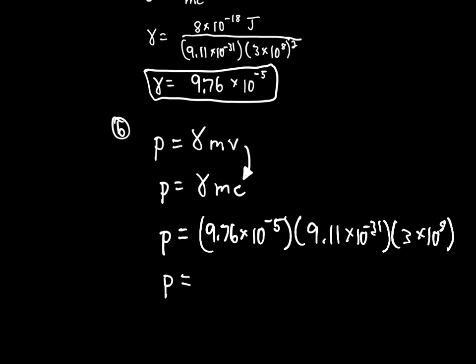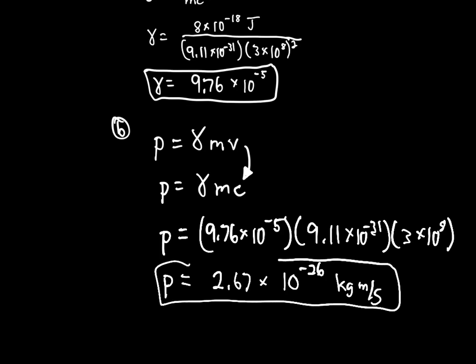So what do we get for P? Times 10 to the negative 26. Okay.